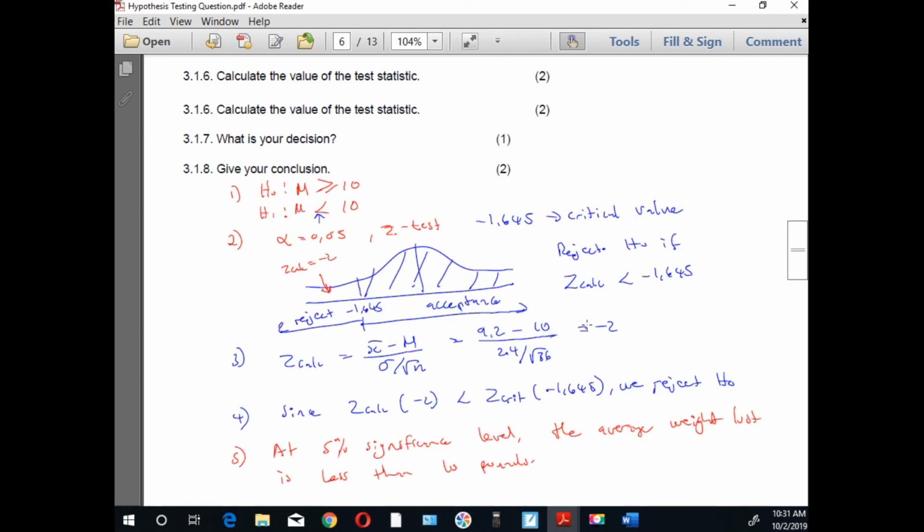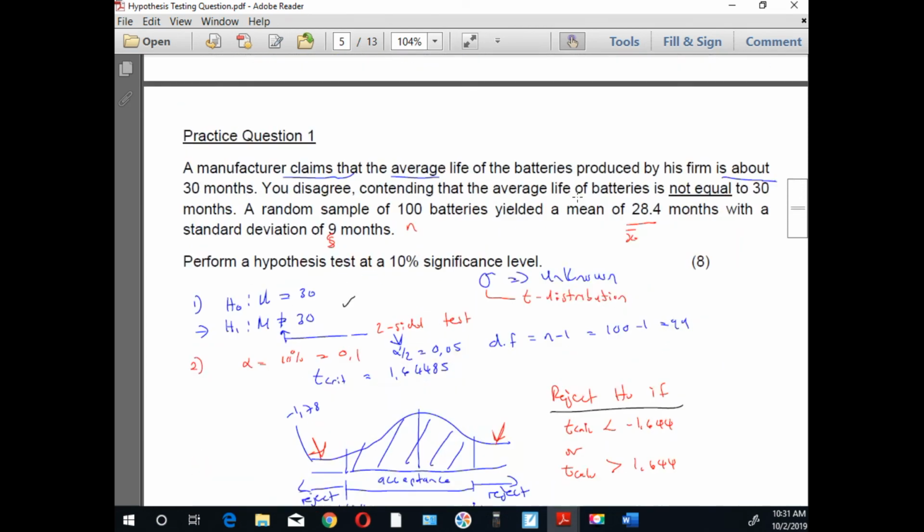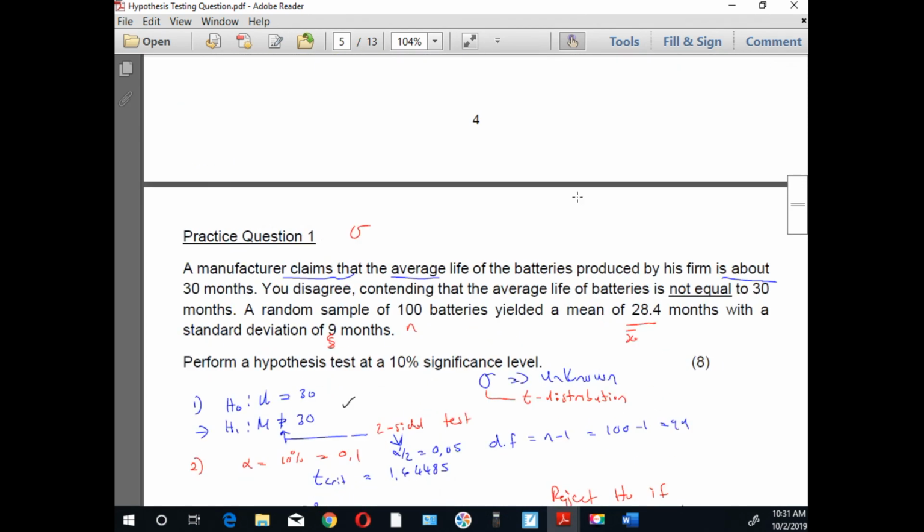Very simple. A one-sided test with a known standard deviation. The first question, we call it unknown.